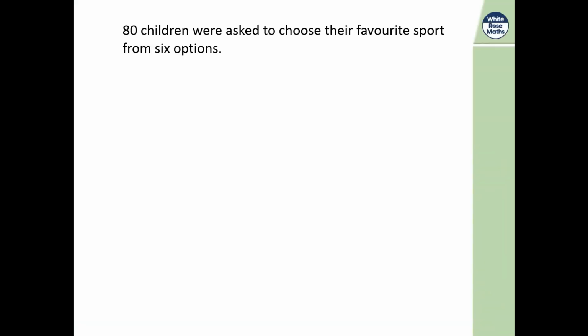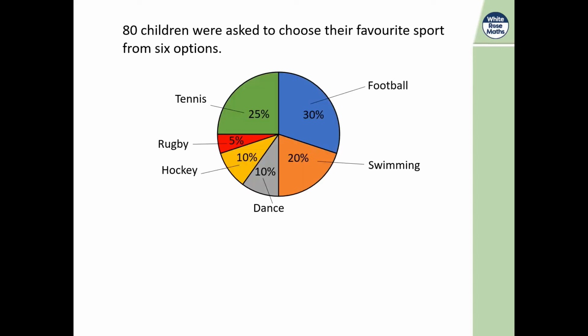So this is how we use it with pie charts. 80 children were asked to choose their favourite sport from 6 options. That means that the whole thing is worth 80. All 360 degrees of this circle, 100% of this circle is 80. All the children, 100% is 80 children. Now you've got an easy one here.